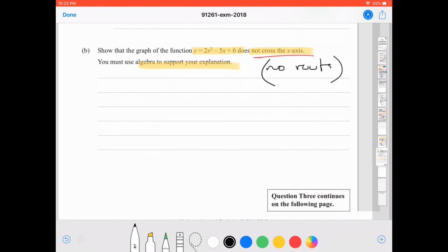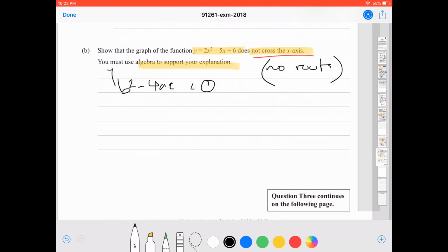So we think of the discriminant here. We're going to use our discriminant, b squared minus 4ac, and we're hoping that it is less than 0, because when the discriminant is less than 0, that means it will not cross the x-axis.